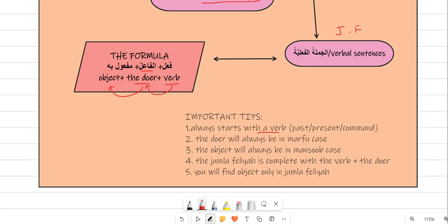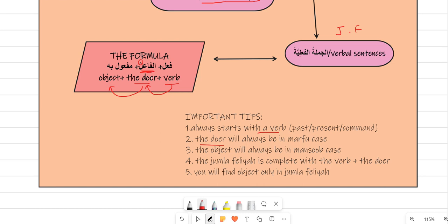The doer or the faail will always be in marfu case. As you can see here, the doer will always have a dhamma. Now this dhamma tells us this position is marfu case. And what is this position? Just after the fail, just after the verb.